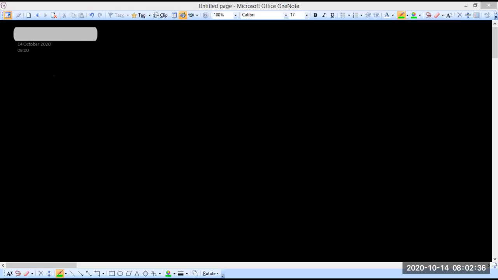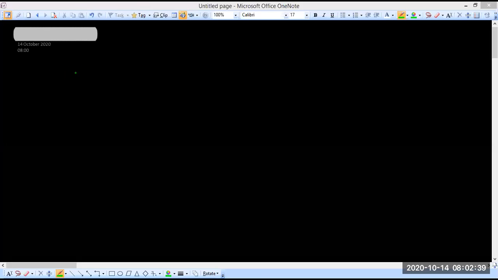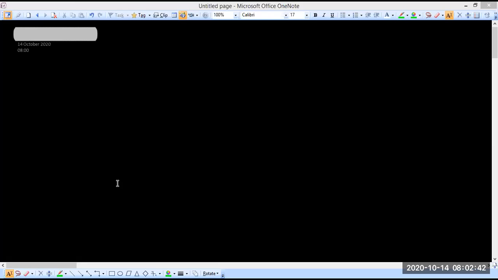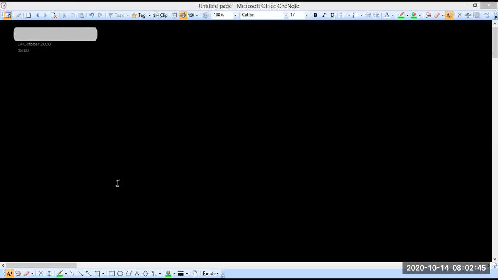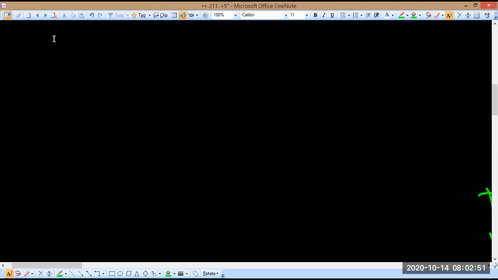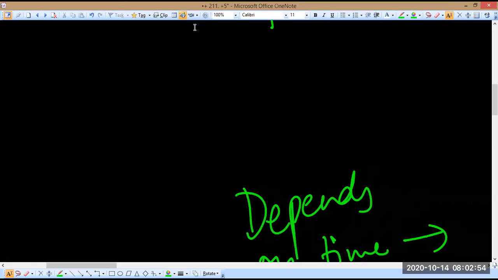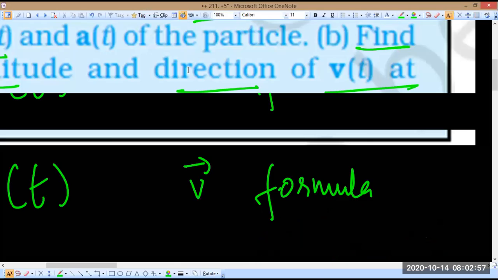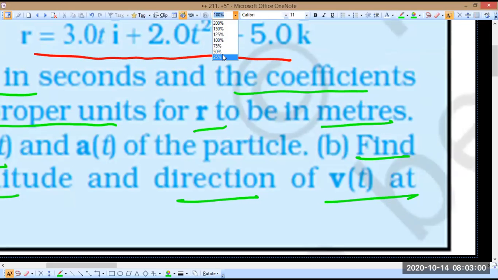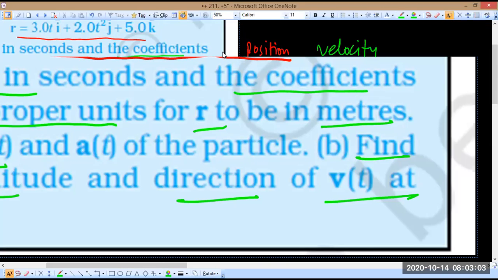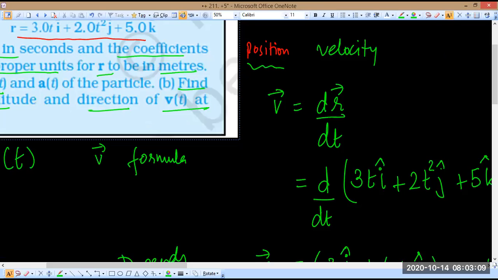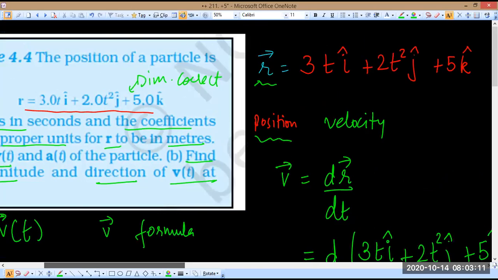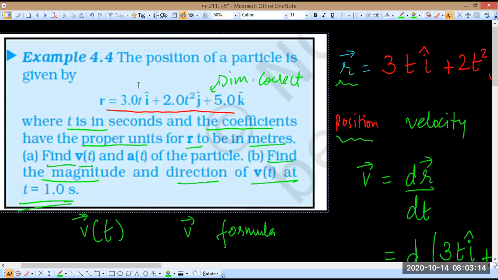So yesterday we studied the equations of kinematics, and now we are going to solve problems related to that. So we were solving this example question.